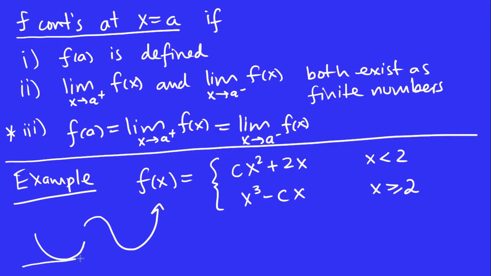And our number 2 is somewhere here, right? And the question is how do we make these match up? I guess, by the way, the open dot would be on this one, and the solid dot would be there, because to the right of 2, we have that equal sign. So that's why the solid dot goes here.